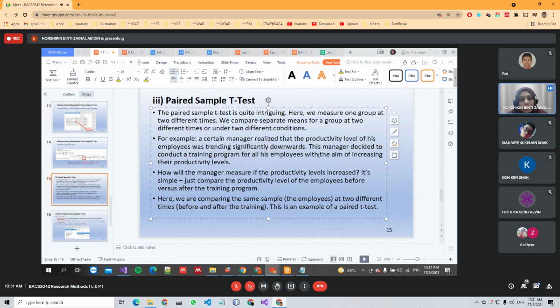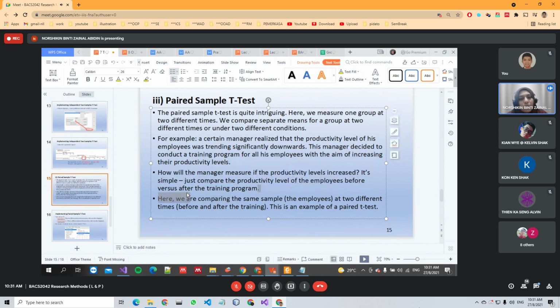This manager decided to conduct a training program for all his employees with the aim of increasing the productivity level. So how will the manager measure if the productivity level is increased? It is simple. Just compare the productivity before and after the training program.